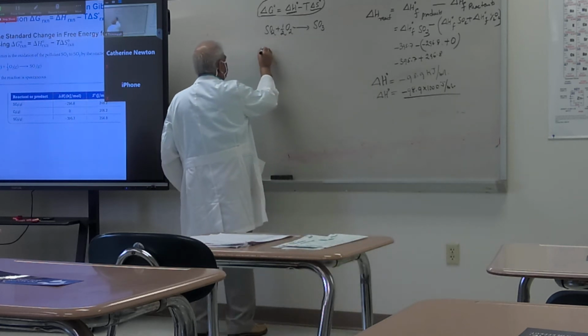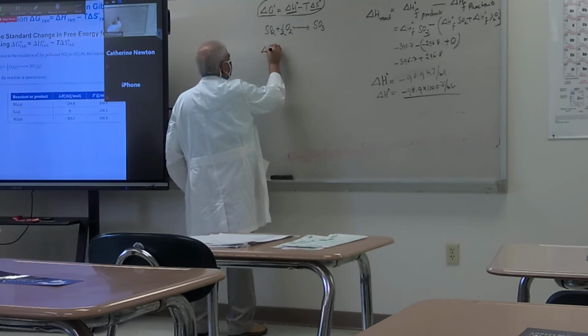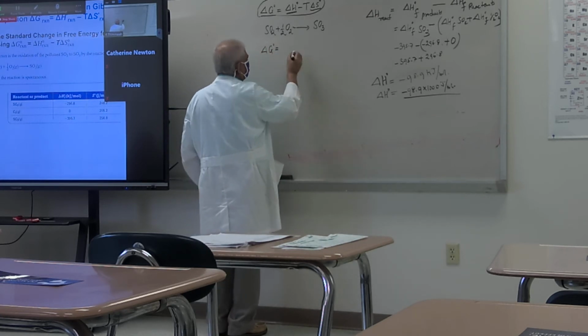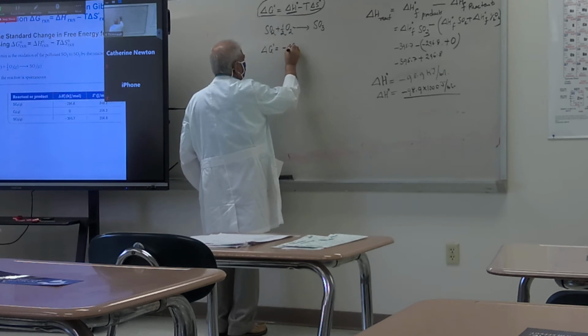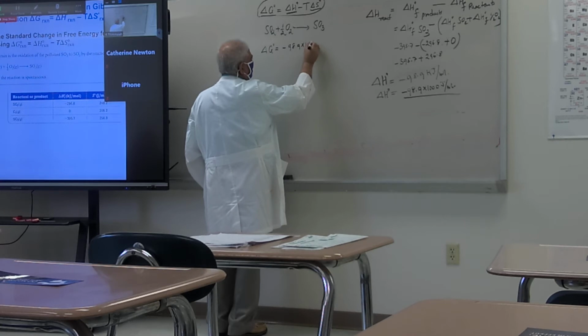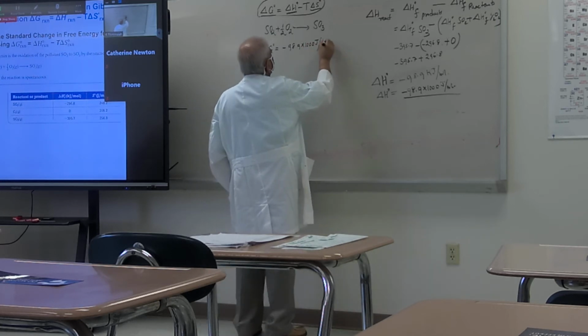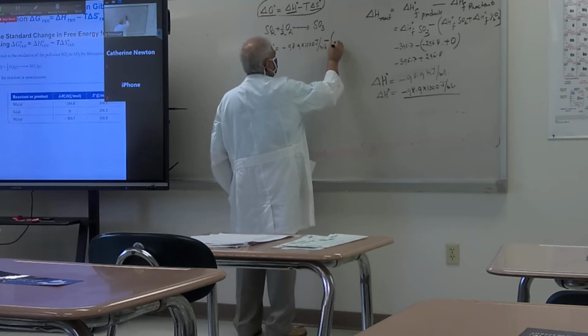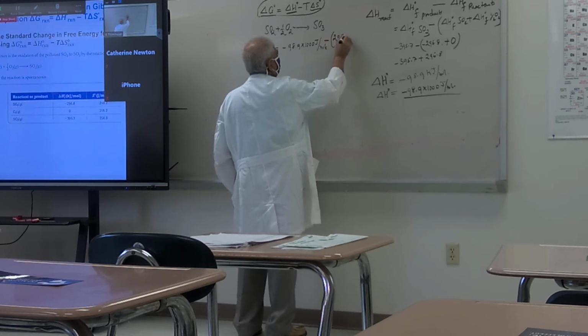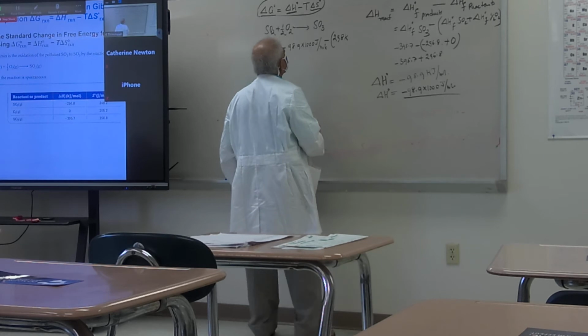So delta G equals negative 98.9 times 1000 joules per mole minus temperature, 298 degrees Kelvin, correct?